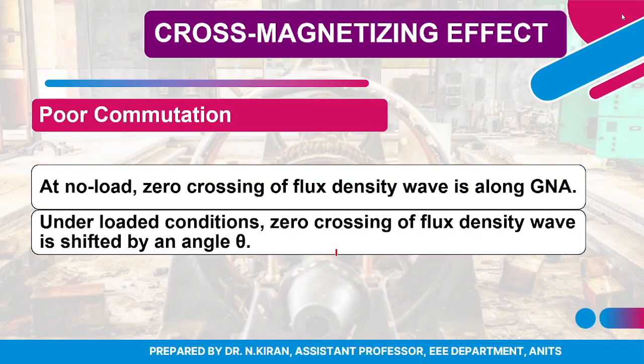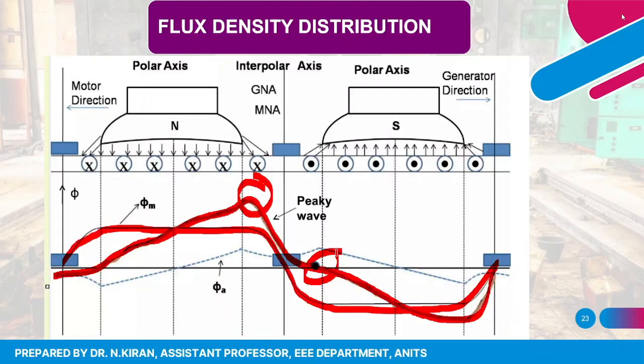Coming to my second effect due to the cross magnetizing effect, as I have shown you in the diagram, at no load the zero crossing of the flux density wave was along the GNA, but after the armature has been loaded, due to armature reaction, the zero crossing of the flux density waveform has been shifted by an angle. You can see clearly this shift in the zero crossing.